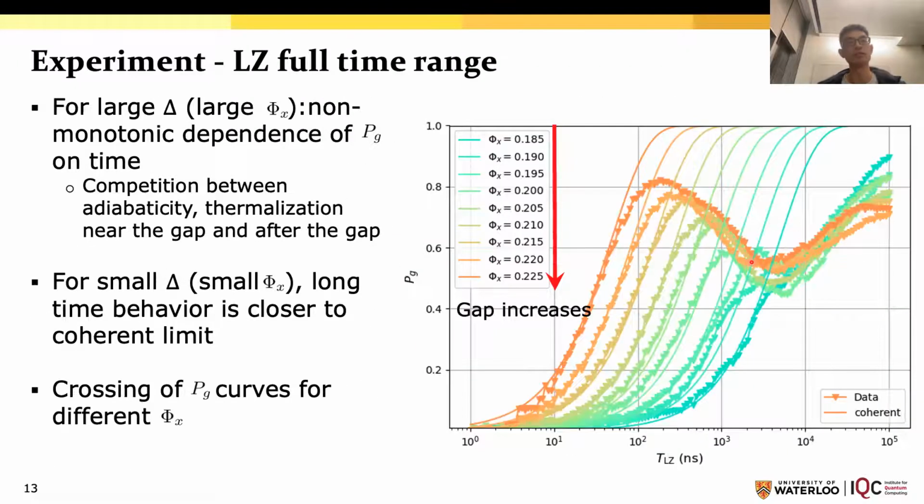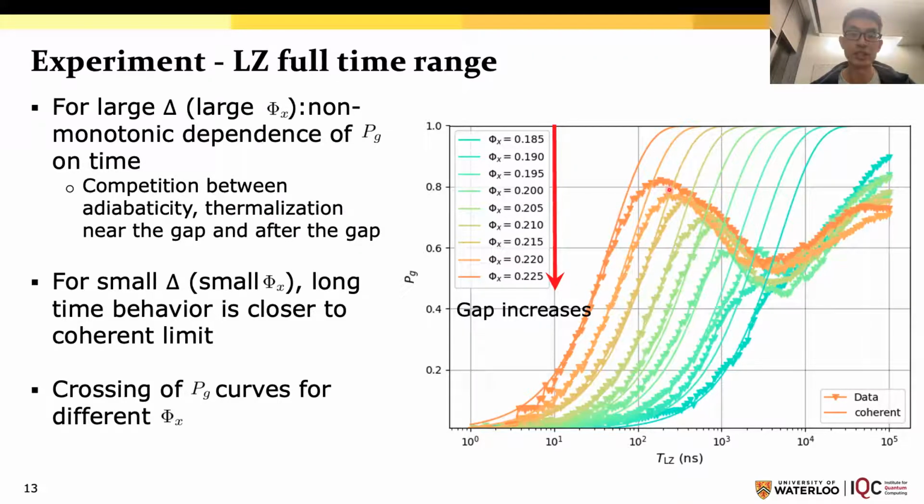Then we look at the full range of Landau-Zener data. We can start by looking at the large delta case. For example, this orange line here, we see that at short times, it follows the coherent limit.